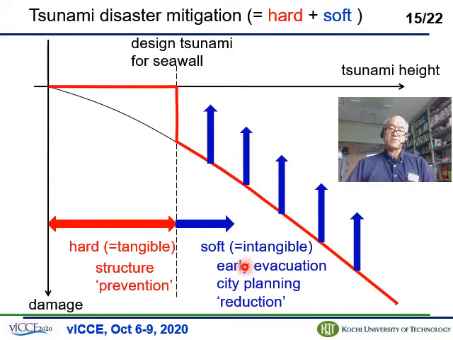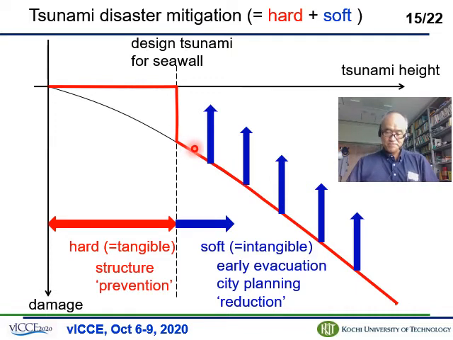Soft countermeasures such as early evacuation and city planning are intangible countermeasures that will decrease the damage, so this is disaster reduction rather than disaster prevention. So this is the idea of tsunami disaster mitigation even before the 2011 Tohoku tsunami.